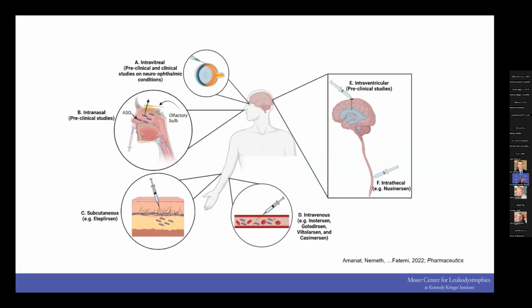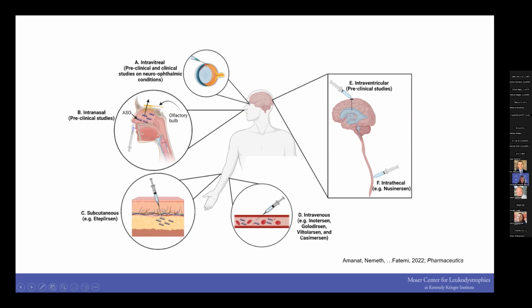In terms of delivery, I didn't talk too much about this, but these are all in vitro studies. So of course we can just give it to the cell media. In the mice, we did a direct ICV injection. But for both of these therapies, it's very important to deliver to the site of activity. In terms of LBSL, this would be most effective as an intrathecal.